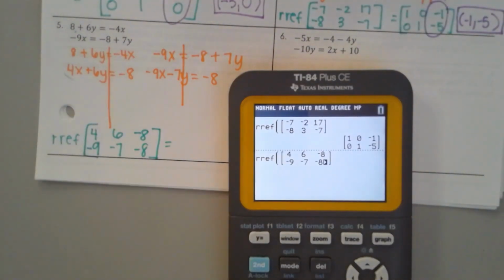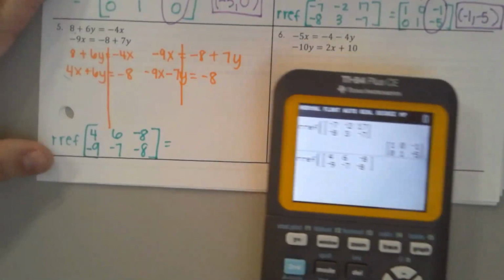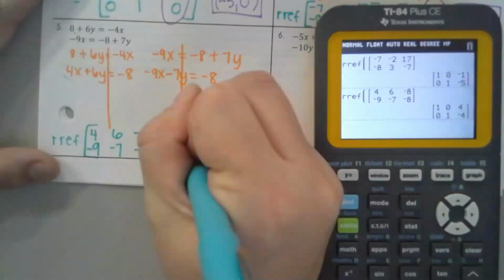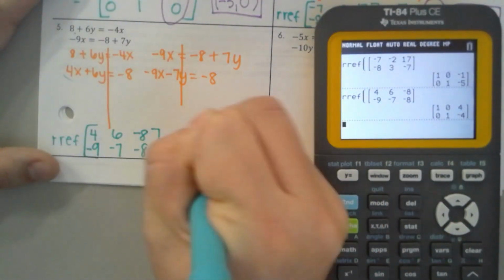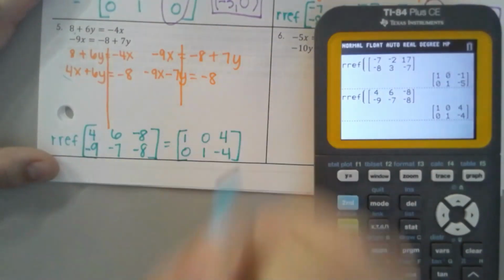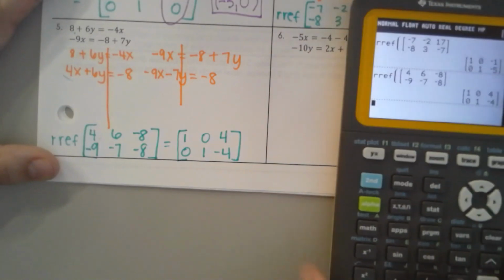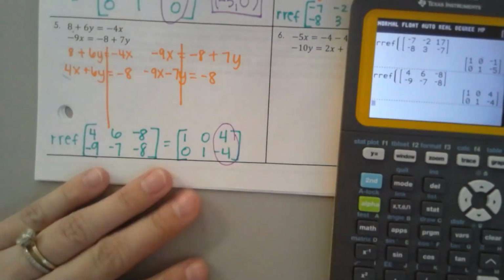It's possible that your answer could be a decimal, but it's not likely that I would give you a test question with a decimal. So always check. So we get 1, 0, 4, 0, 1, negative 4. So that's my solution.